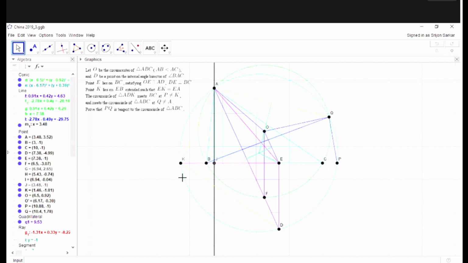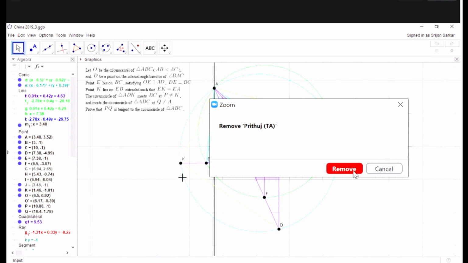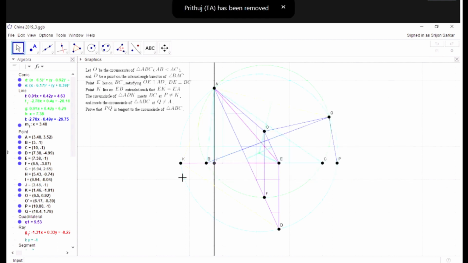I don't think I messed up the diagram. Yes, A is on BC, and F is on the circumcircle of ABC.